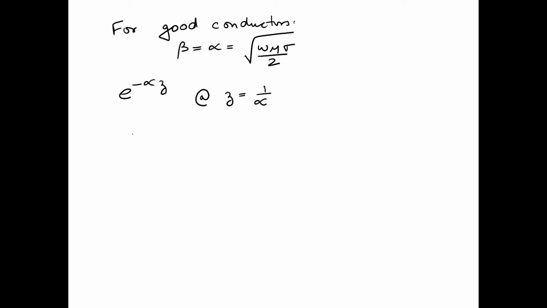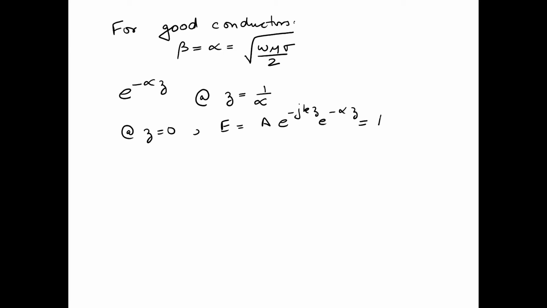Let's take the wave at z equal to 0. My wave was A e to the minus j k z, and that gives A e to the minus alpha z.